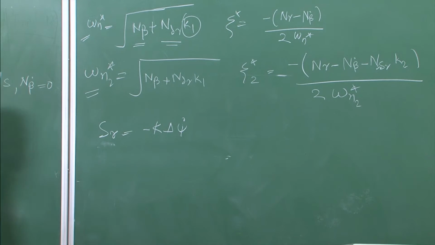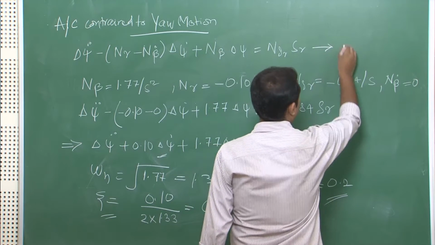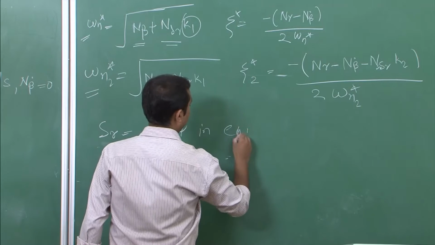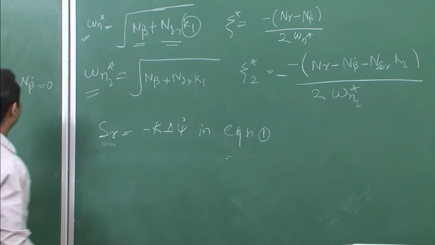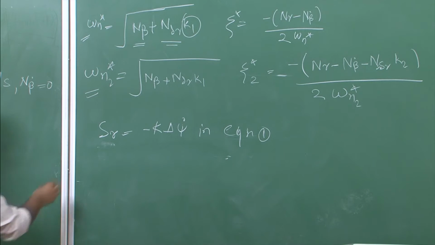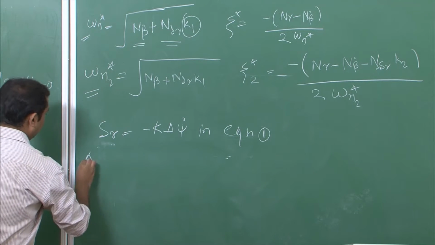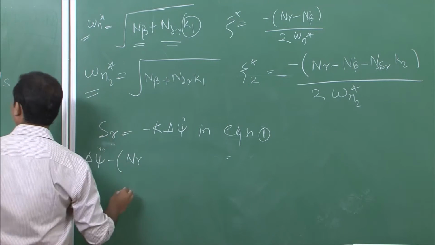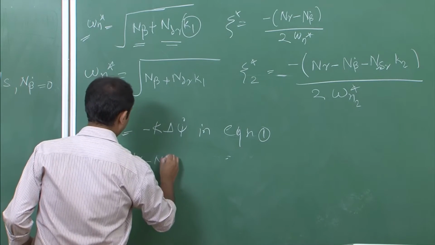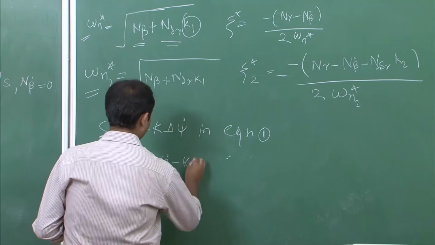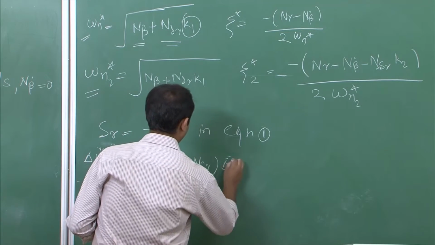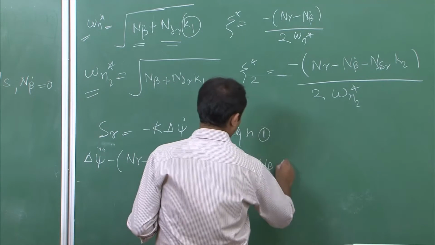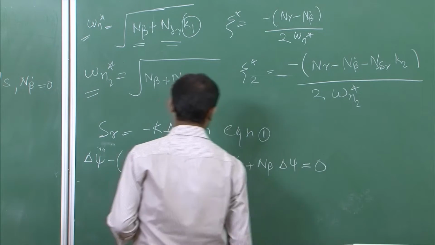On substituting the value of delta r from equation 7 into equation 1, the differential equation will become delta psi double dot minus (nr minus n beta dot minus k n delta r) into delta psi dot plus n beta delta psi equals 0.